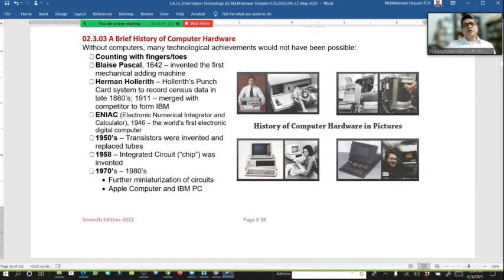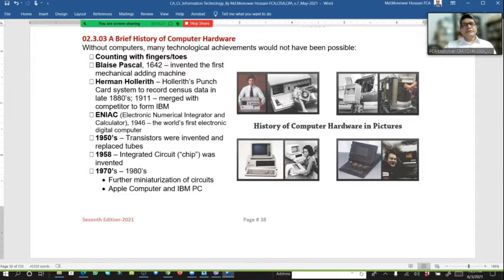Now the brief history of computer hardware. Without computers, many technological achievements would not be possible at this moment. We start from counting on our fingers. In 1642, Pascal invented the first mechanical adding machine.